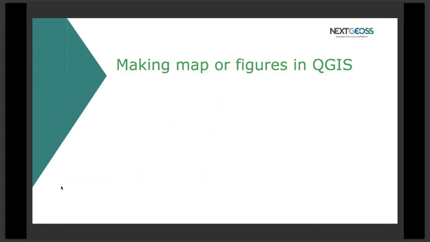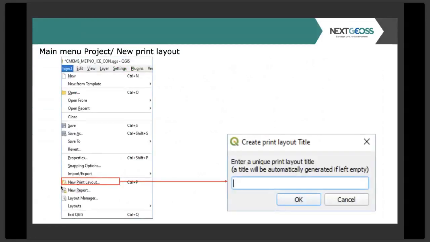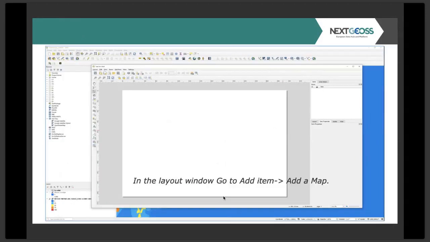The last part, how you make a map from that, is also straightforward in QGIS. You just go to the main menu. You will have New Print Layout. You define your print layout here, and then you click OK. You will get another smaller window from QGIS, and in the layout at the top here, there is Add Item.